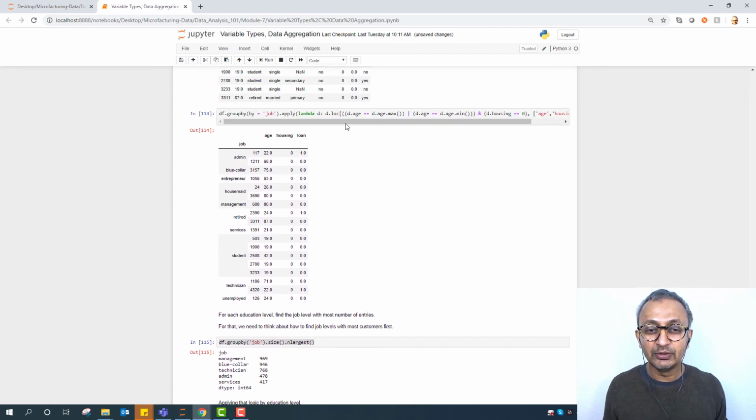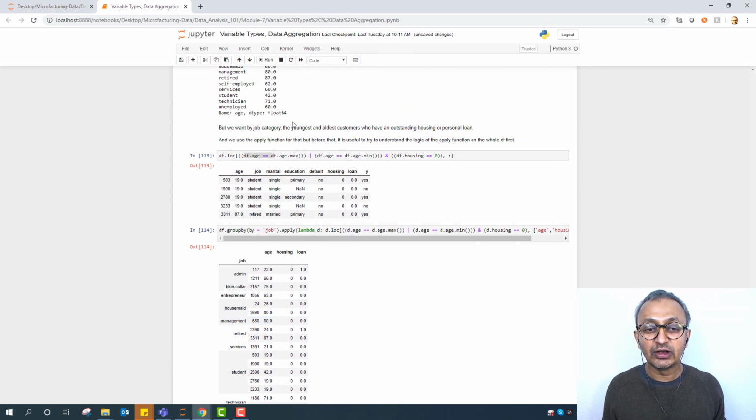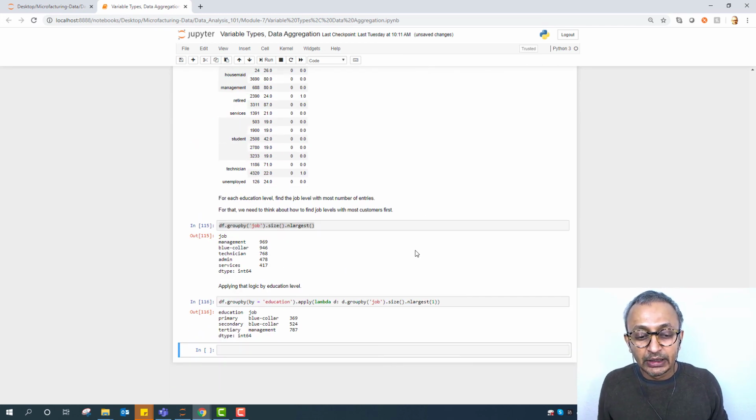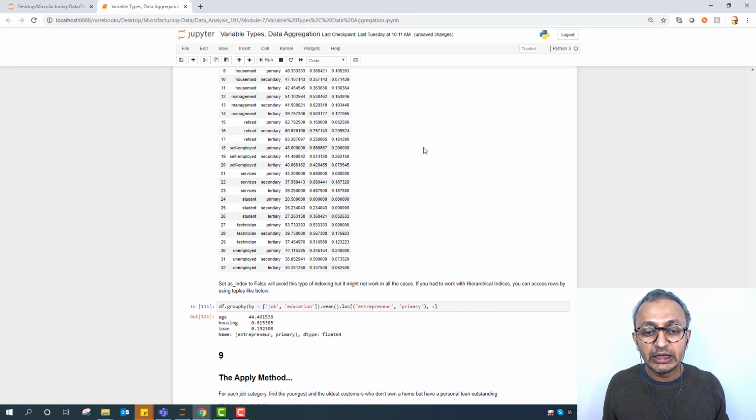Whenever we are filtering across many different columns, and then applying and doing a group by on a particular category, you would want to use an apply function. So this one will be part of your notes.